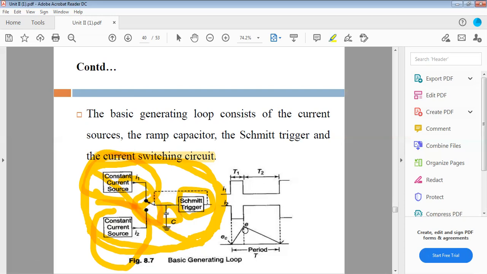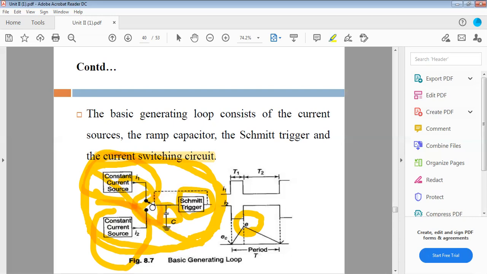When it reaches a maximum value, the Schmitt trigger changes its state from high to low, and that change of state is given to the switching circuit.